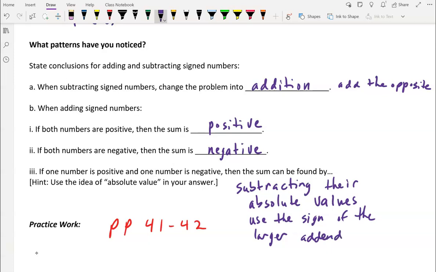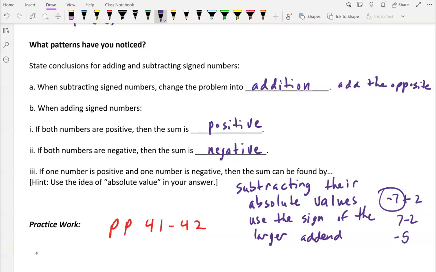So, for example, if you were adding negative 7 plus 2, you're going to subtract, that's 7 minus 2, that's 5. But because the negative 7 was farther from 0, that's the sign you put on your answer.